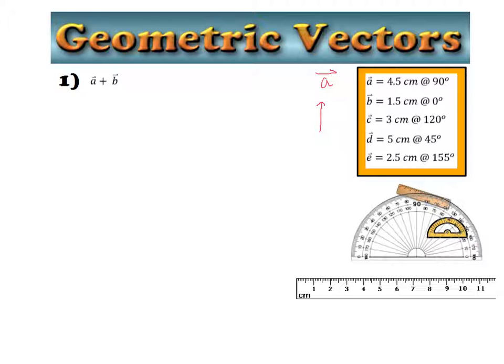And then at the tip of that, that's going to be the tail of my next vector, vector B, that I'm going to add to it. It's going to go 0 degrees, so straight to the right, 1.5 centimeters. That's what my drawing is going to end up looking like.